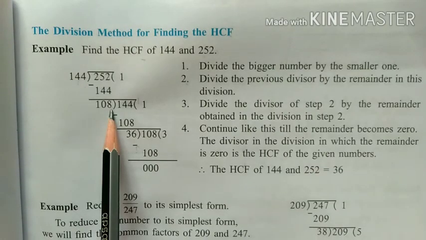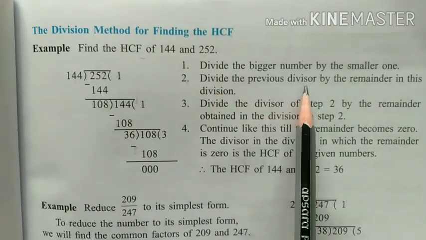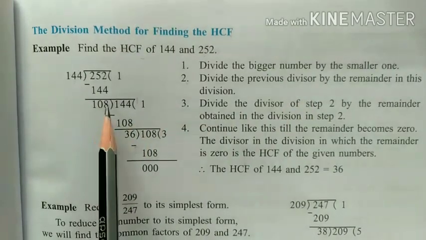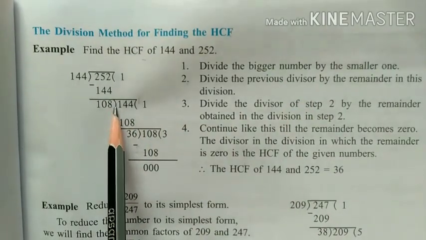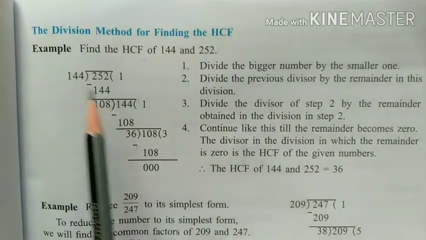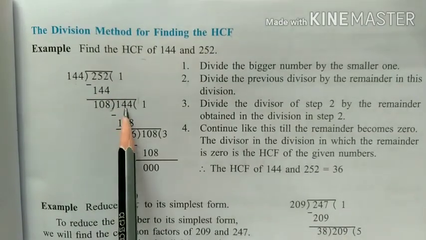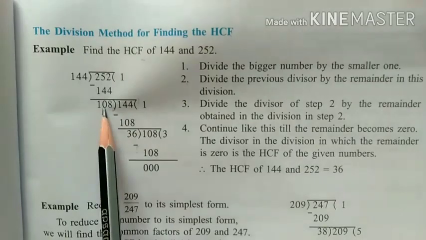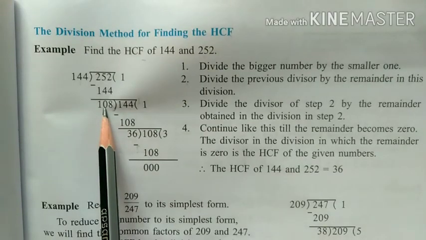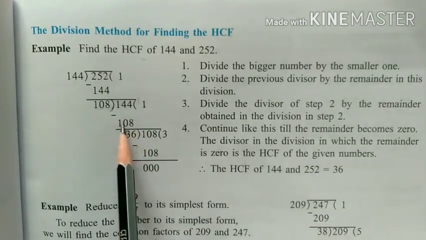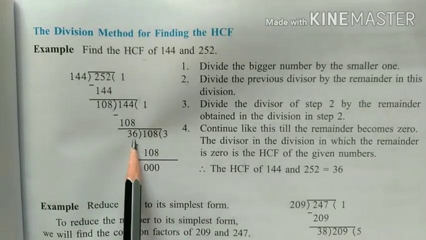Second step, divide the previous divisor by the remainder. Now the remainder becomes my divisor and the previous divisor becomes the dividend. So 144 divided by 108. One times 108 is subtracted, remainder is 36.